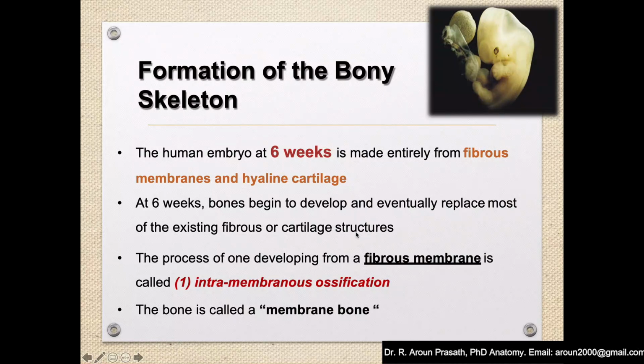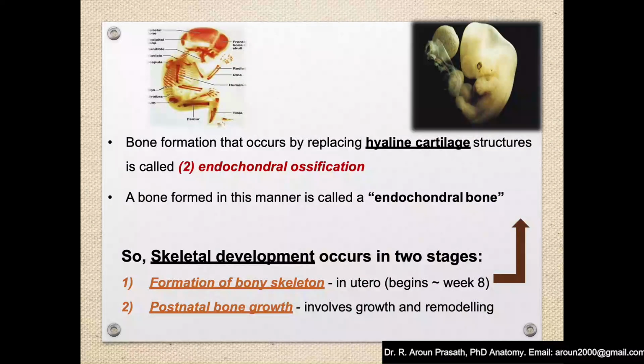At the 6th week the bone begins to develop and eventually replaces most of the existing fibrous or cartilage structures. The process of bone developing from fibrous membrane is called intramembranous ossification. That's the membranous bone. And the process of formation of bone from cartilage, we call endochondral ossification.